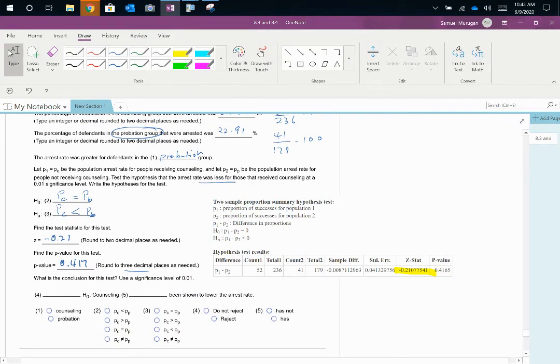Okay, so remember this significance level is 0.01. So let's see. 0.417 is greater than 0.01. So we do not reject the null hypothesis. Do not reject.